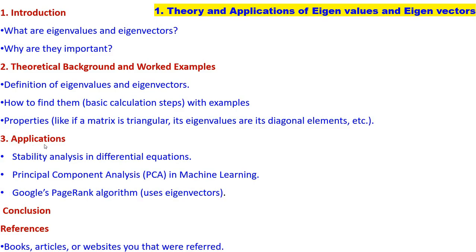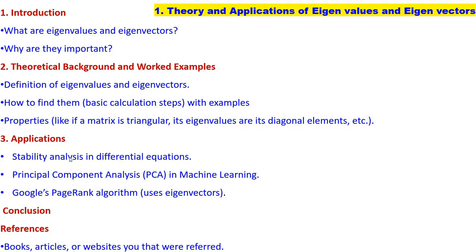Then in the next chapter, applications. There you can have how eigenvalues and eigenvectors are used in differential equations, and then principal component analysis, which is used in machine learning, and Google's PageRank algorithm.